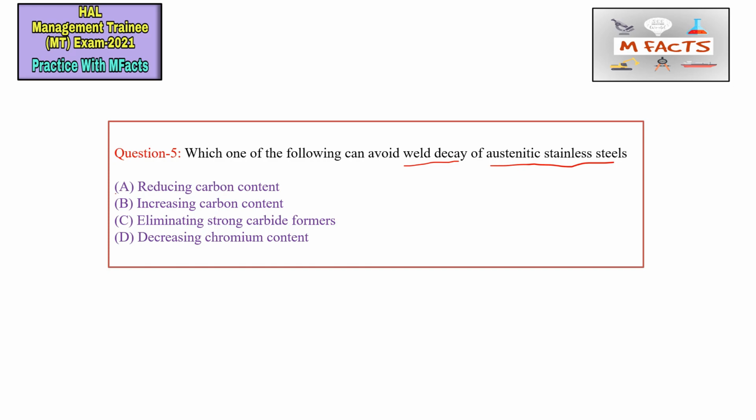For this question we will see what can avoid weld decay of austenitic stainless steel. There are only three ways of avoiding weld decay. The first point is the carbon percentage.